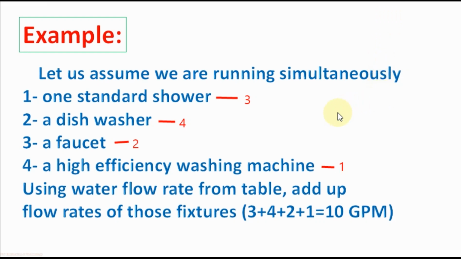After selecting the flow rate for these fixtures from the table, we will add them up: standard shower 3 GPM, dishwasher 4 GPM, faucet 2 GPM, and high efficiency washing machine 1 GPM. So 3 plus 4 plus 2 plus 1 equals 10 GPM.